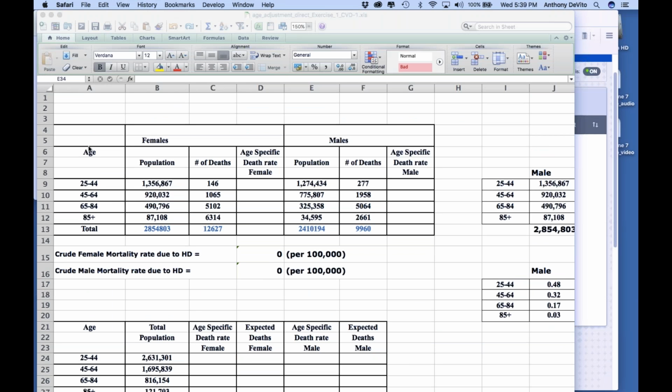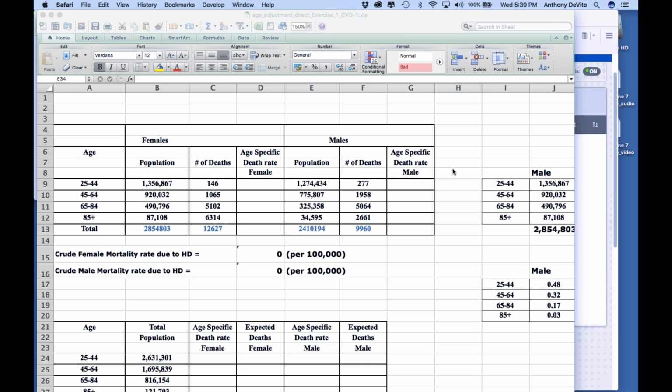I ignored the younger groups, since they have very low rates of cardiovascular disease. I just started with the 40 to 44-year-olds and summarized that. I found the population for that group, and I found the number of deaths from that group from the vital records for females, and I did the same thing for males.